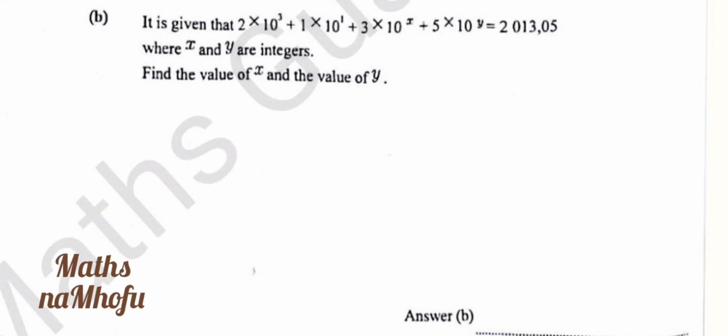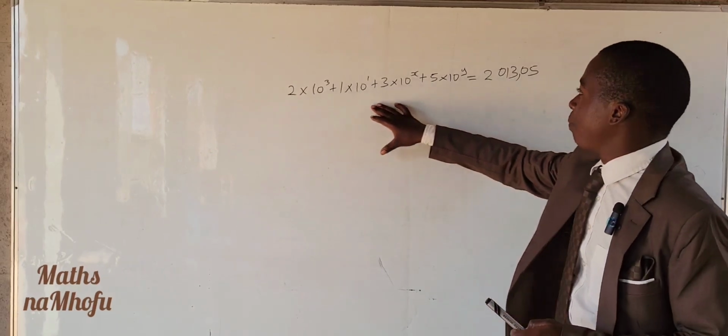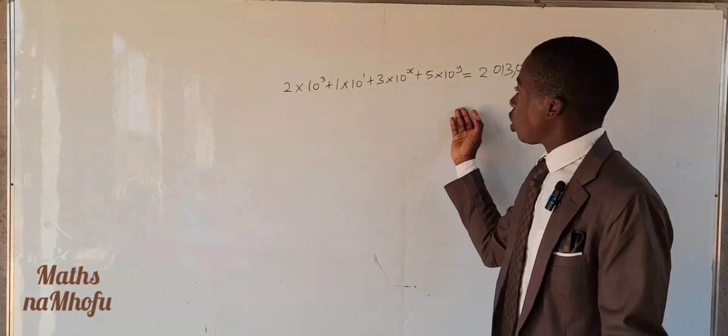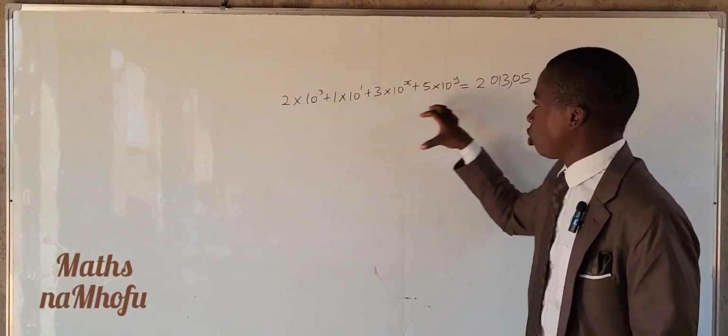Now the question is asking us to find x and y. This is very simple and straightforward. Remember, this is basic number bases and this is base 10. So this is in expanded notation.